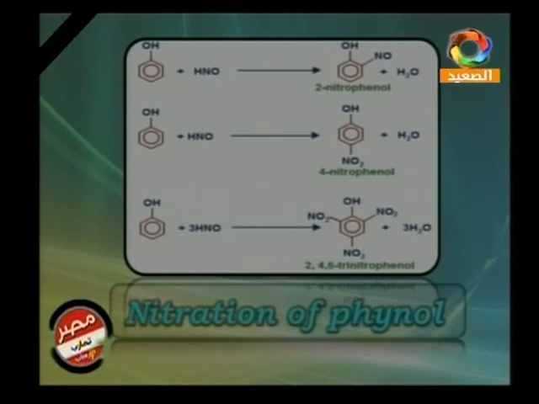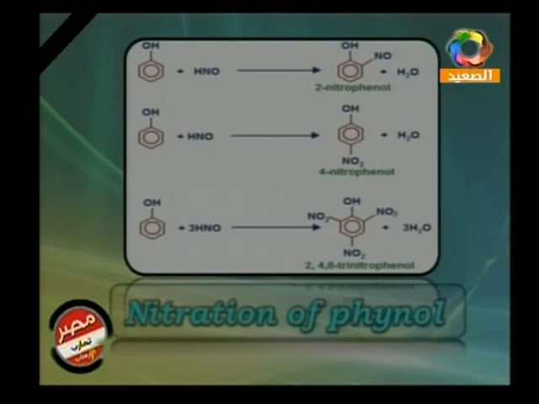So it gives 4-nitrophenol. Why? Because OH changes the direction of NO2, placing the nitro group on carbon number 4 in the benzene ring.